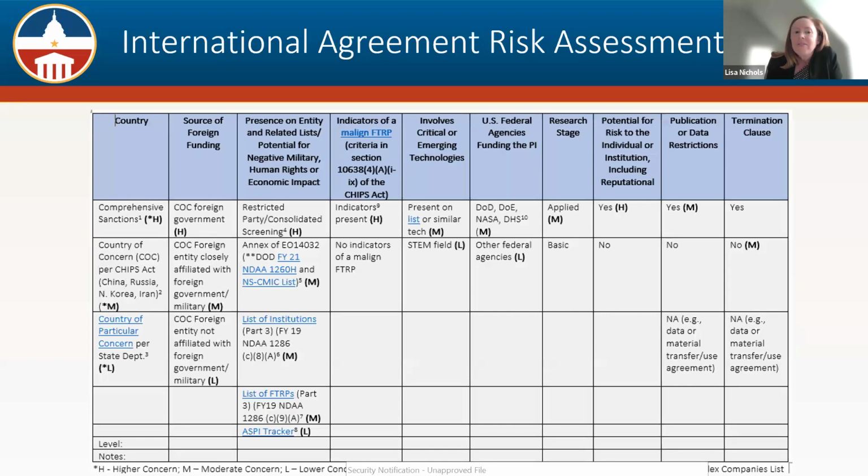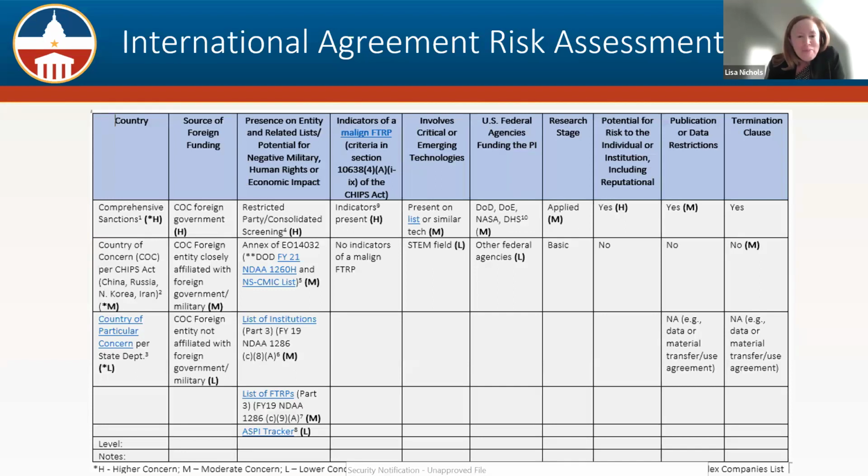Presence on entity and related lists, so the results of restricted party screening. Also, is it on this list? And now I can't see it on my screen, and I apologize. I can't remember the full acronym.